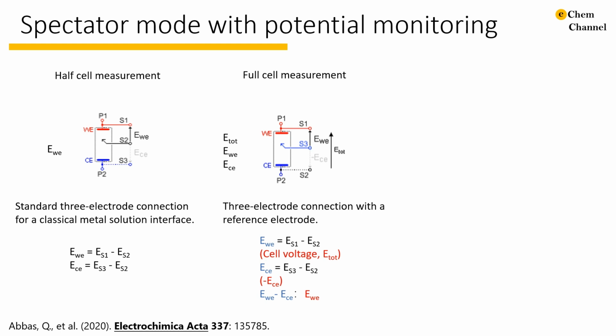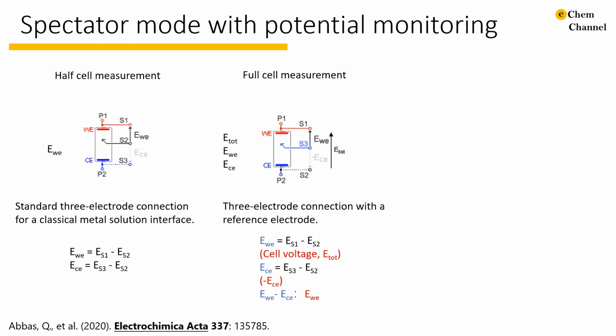This connection allows the users to record and control simultaneously the positive and the negative part of the cell. As the potential regulation is done between S1 and S2, the total potential of the cell will be displayed by default. The other parameters, such as the potential of the positive and the negative electrode versus the reference electrode, can be displayed by ticking the boxes from the EasyLab program.